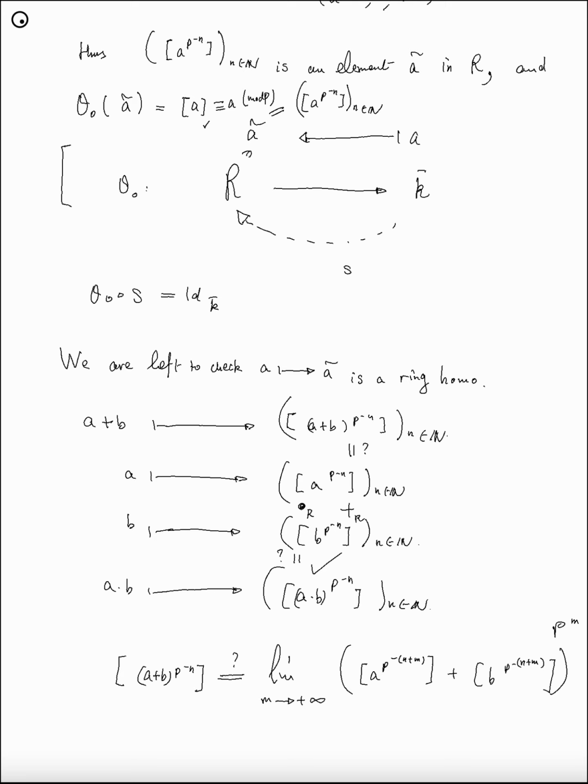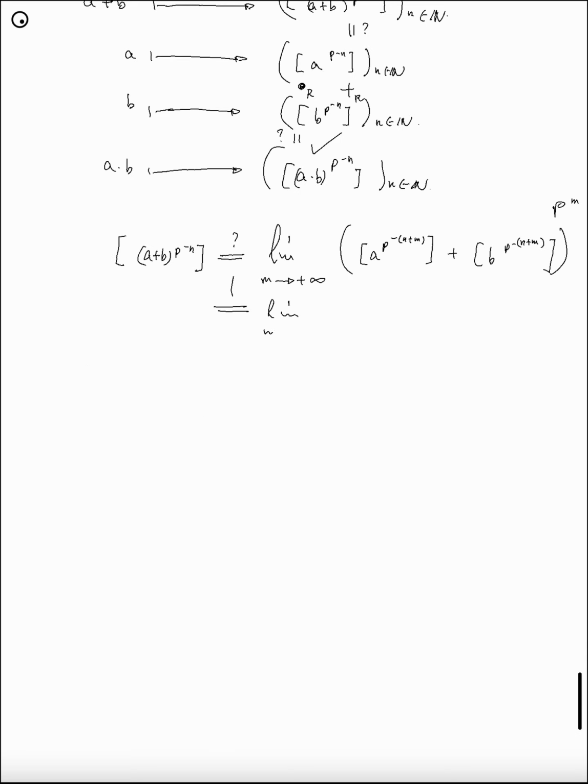This Teichmüller lift is also additive. Wait, is it? Yes, because this is only the first position 0, so this is indeed the limit as m goes to infinity of a to the power p to the minus n plus m plus b to the power p to the minus n plus m, and then bracket p to the power n.